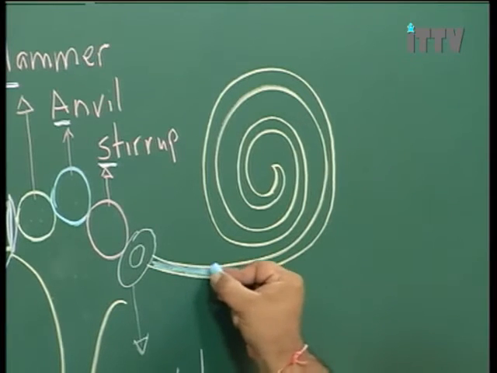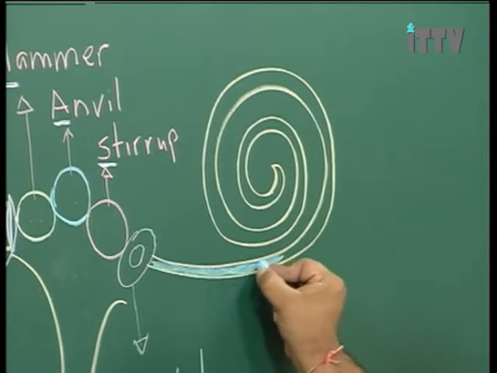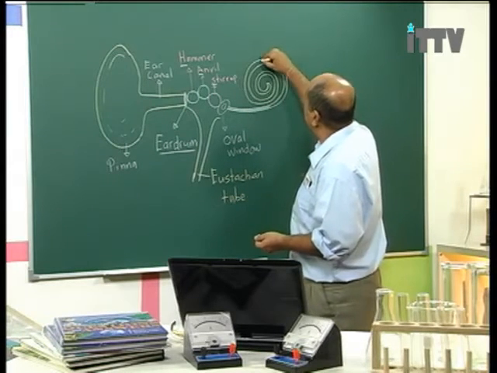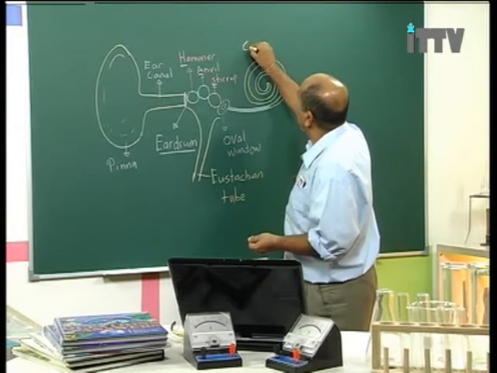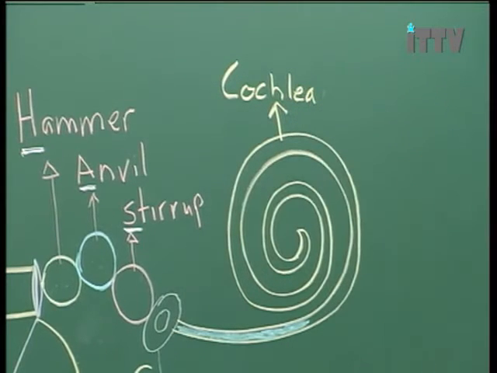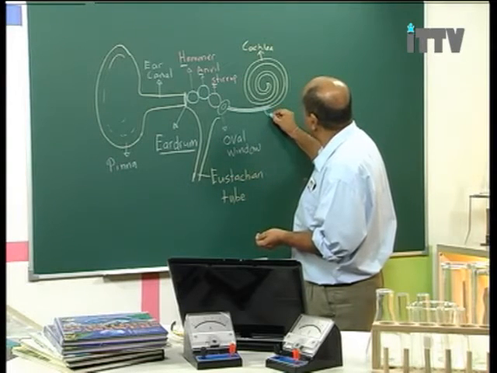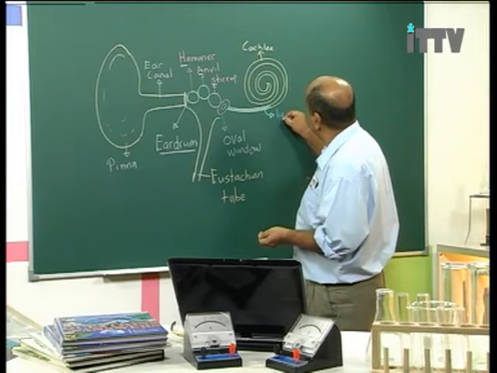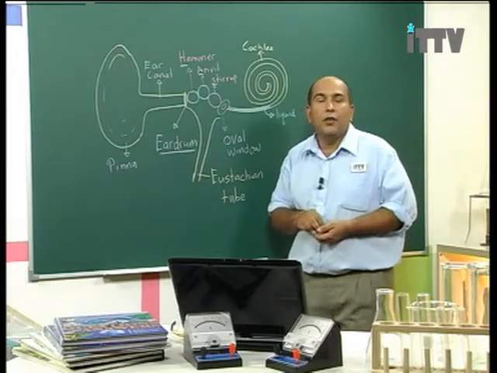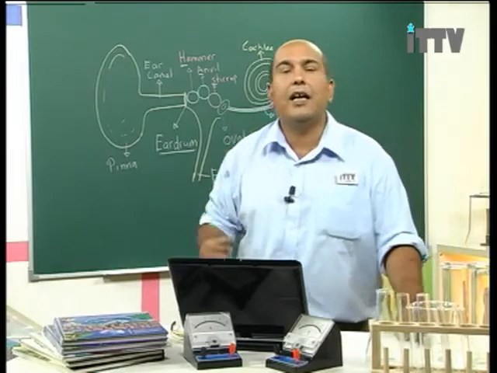Now I'm not going to color the whole thing, I'm just going to color just a little bit in here. Okay, so let's label this. This is known as the cochlea, and the cochlea contains liquid. You will find that the receptor cells for hearing are found inside the cochlea.